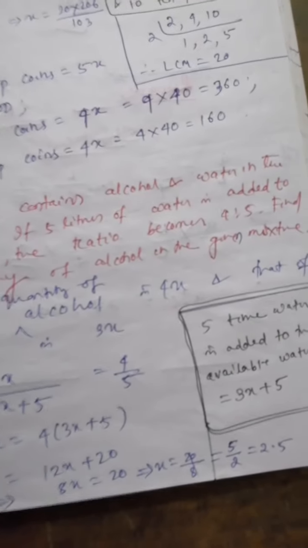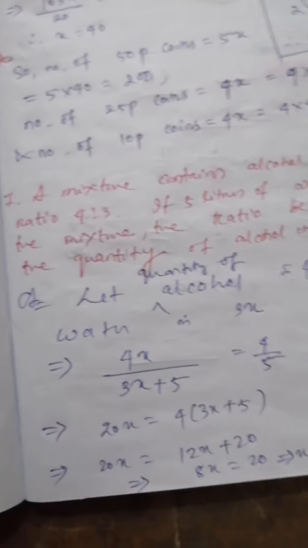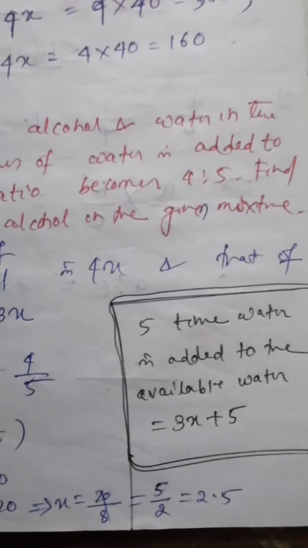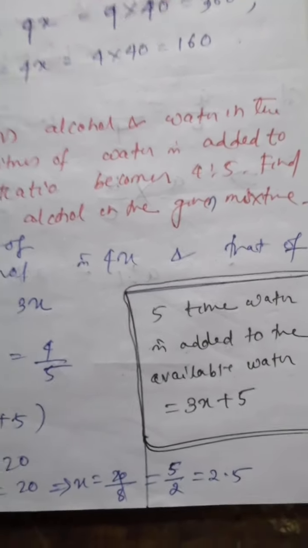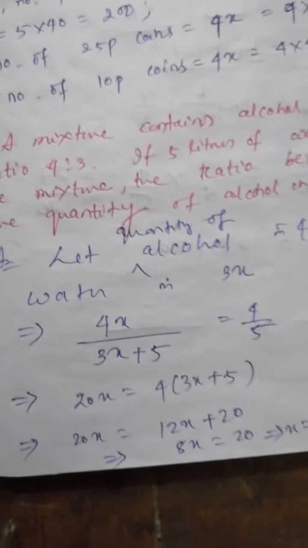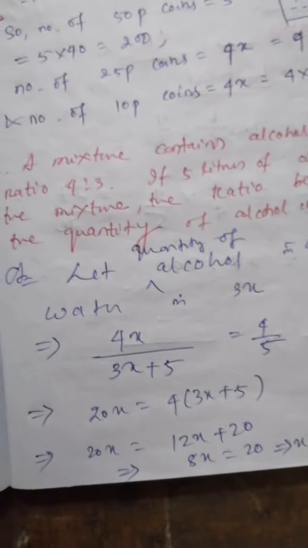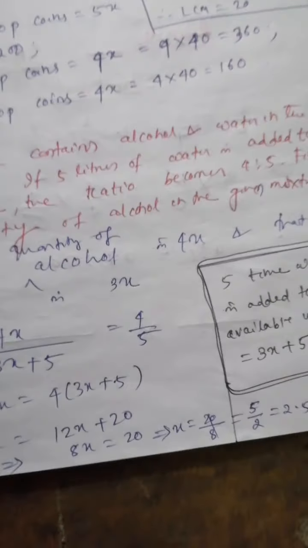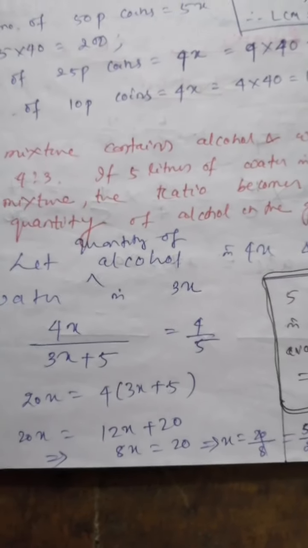Let the quantity of alcohol be 4x and that of water be 3x, that I know. But here it is written that 5 liters of water is added to the available water. That means it will be 3x plus 5. So we can write 4x divided by 3x plus 5 equal to the ratio 4:5.